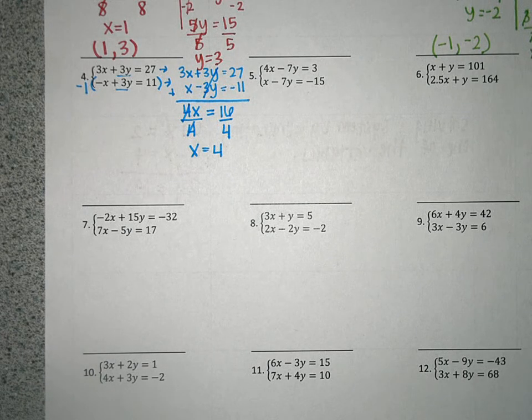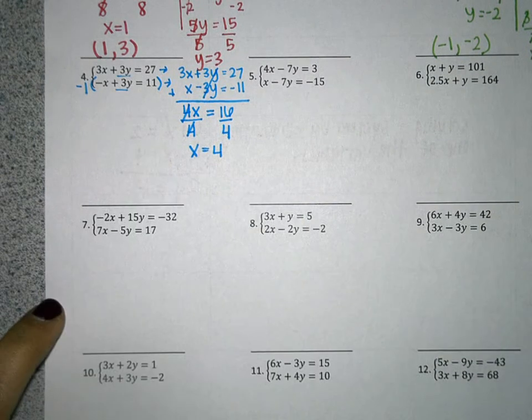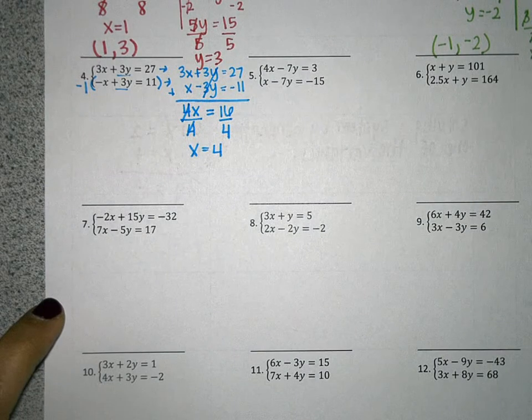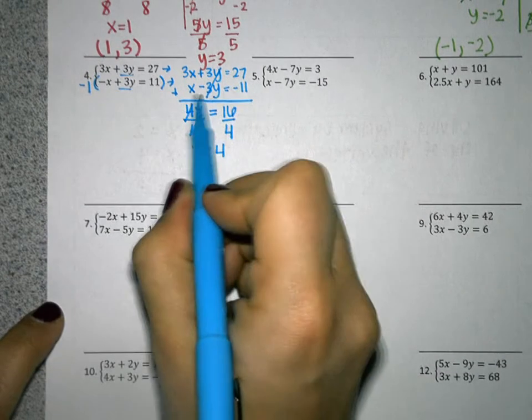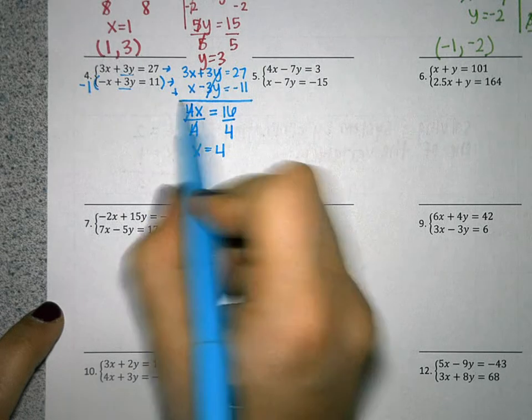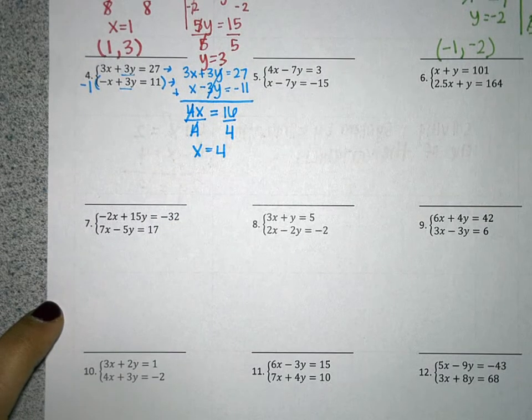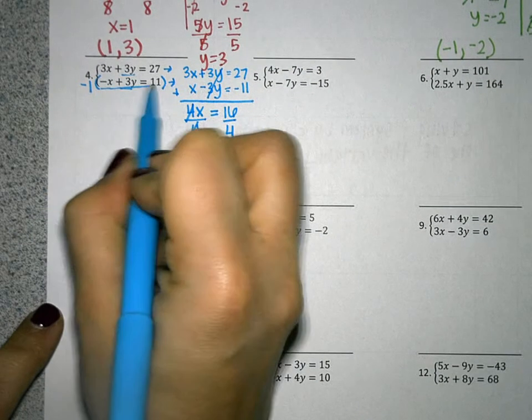So when I plug that back in, you can plug in your found value to this first equation, to the original second equation, or even to the new equation after we multiplied by -1. I'm just going to plug it back into the original.